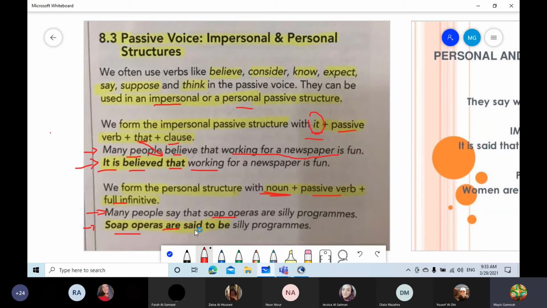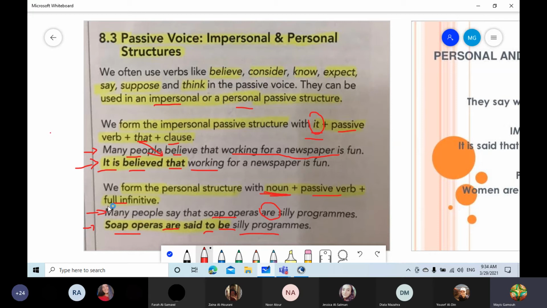And then the third form of the verb, which is say, said, and then the full infinitive, which is to and the base form of our verb, which is are. When we change it into the base form, it will become be. And then I continue my sentence, silly programs. So my new personal passive sentence will become soap operas are said to be silly programs.